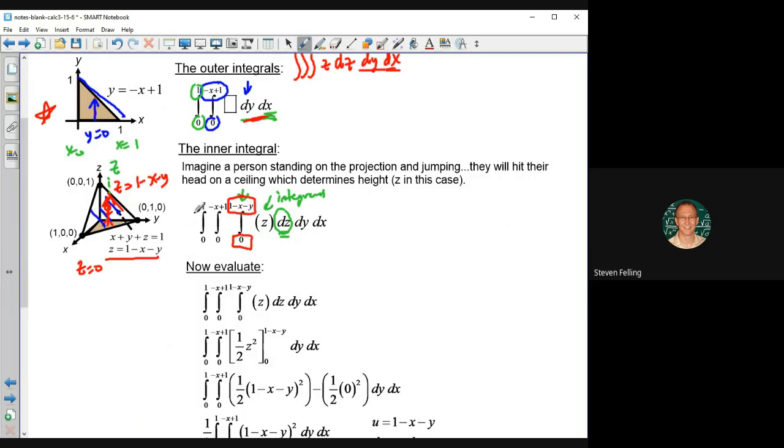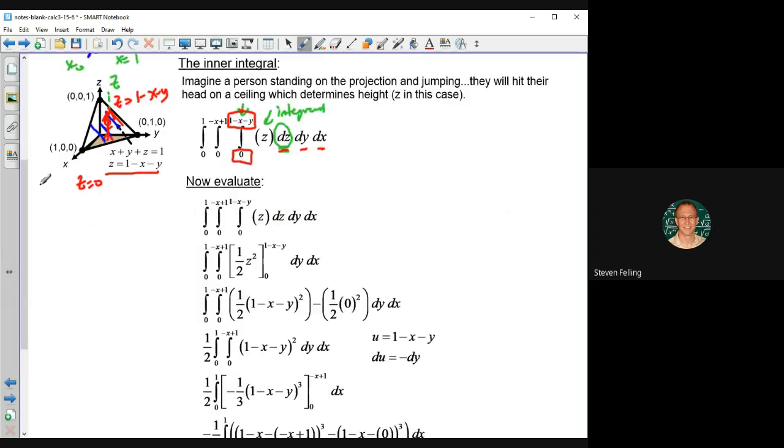Okay, so now we set this whole thing up, and this is specific to the ordering z, then y, then x. We will integrate from the inside out iteratively, the same as we did with double integrals, but we'll start with the inside integral. So I didn't write it out separately inside here. So what we're doing is doing this integral first. We're treating z as a variable, and anything else, x and y, are both considered constants.